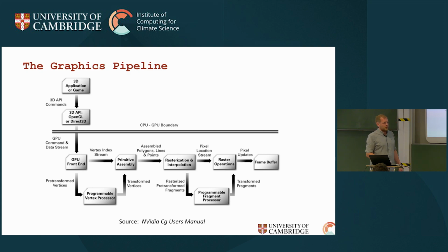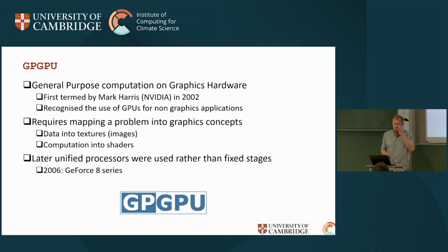And it turns out that a pixel is just a collection of numbers, RGBA values. And if you reprogrammed the shaders, the things that would do the math calculations for computing the output colours, then you could misuse them and do interesting things. So this whole community emerged of general purpose GPU programmers. And it was first done by a chap called Mark Harris, who's now at NVIDIA. I think he runs the CUDA development team.